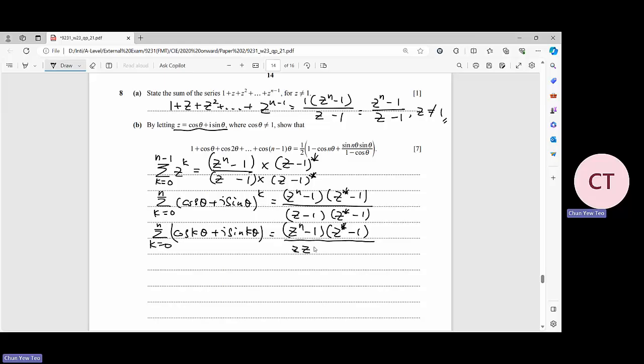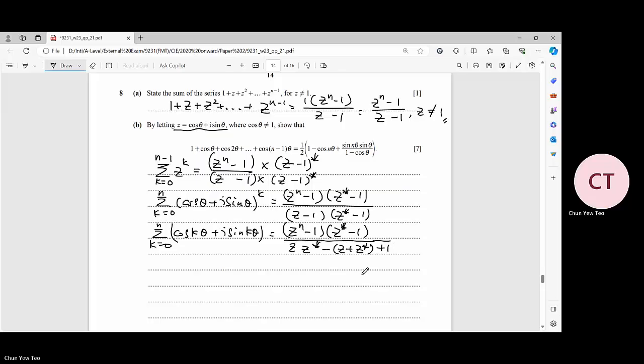So I get this. This one is bracket and plus 1.